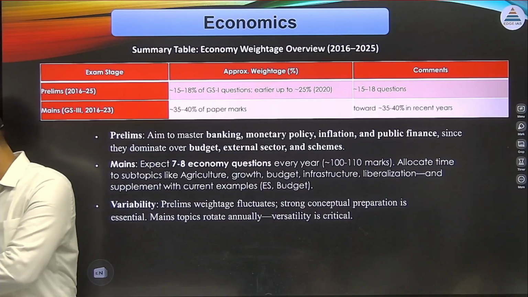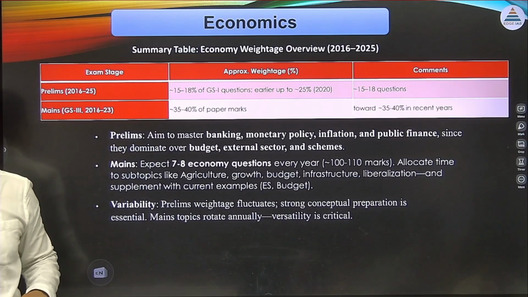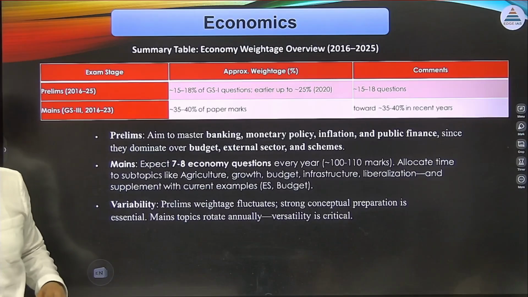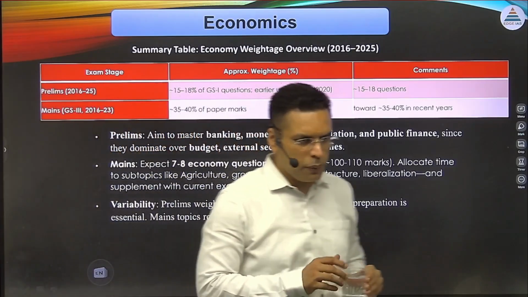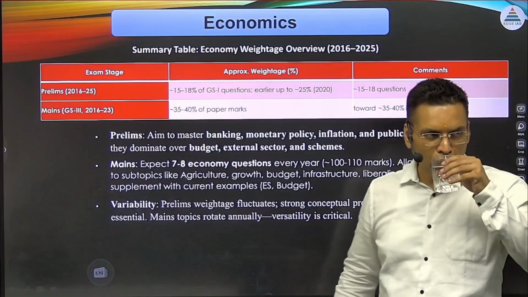So we have to cover this area. Mains तो बहुत आसान हो जाता है. Mains becomes very easy, but the conceptual part will take some time. But first you'll clear the prelims, तब तो mains आएगा, है ना?